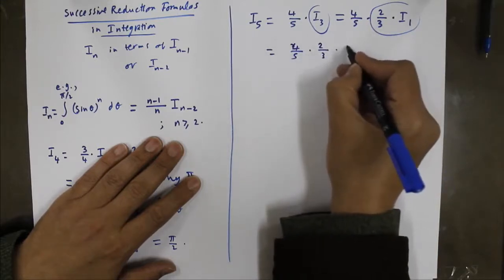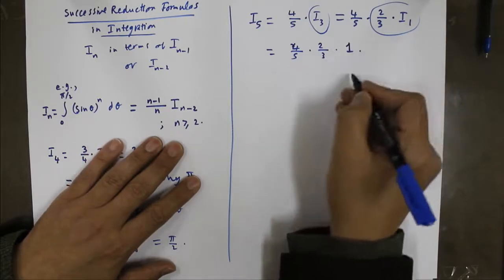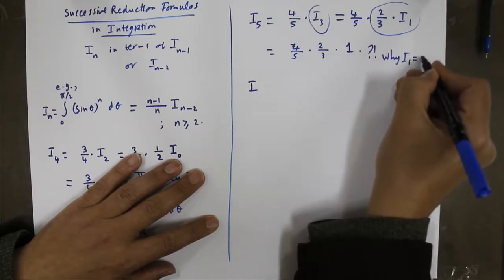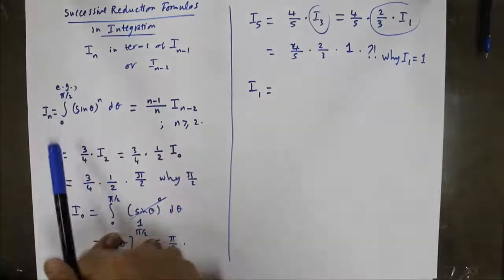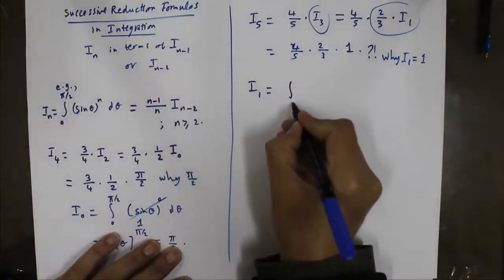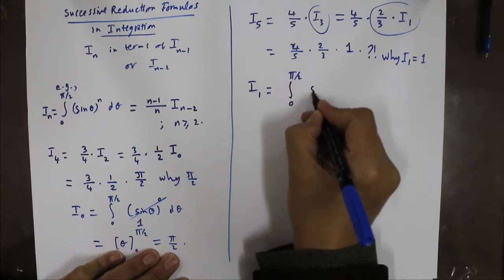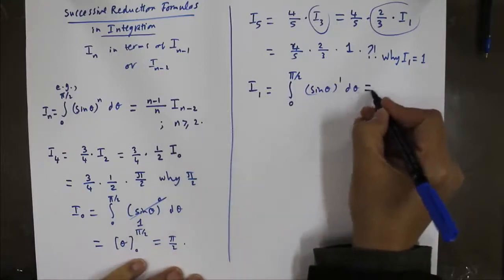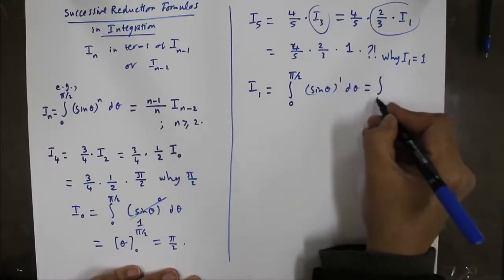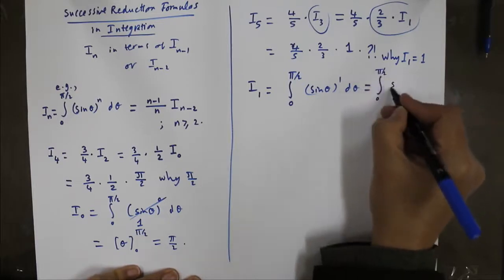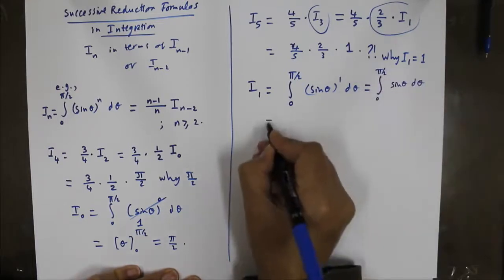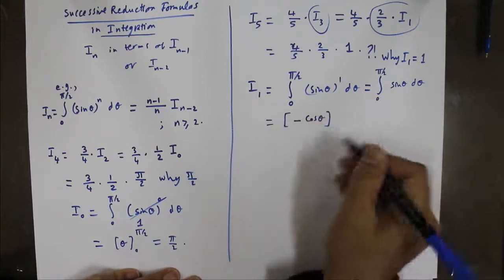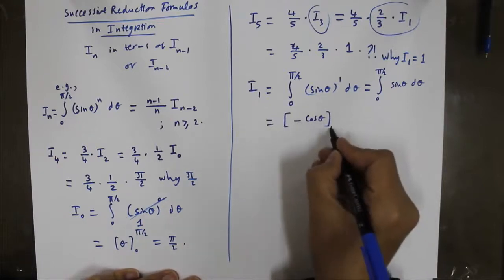But I_1 is 1. Why is I_1 equal to 1? This is easy. I_1 is this integration when n is 1: the integral from 0 to pi over 2 of sine theta power 1 d theta. Power 1 means nothing, so we write just sine theta d theta. The integral of sine theta is negative cosine theta, because the derivative of cosine theta is negative sine theta.